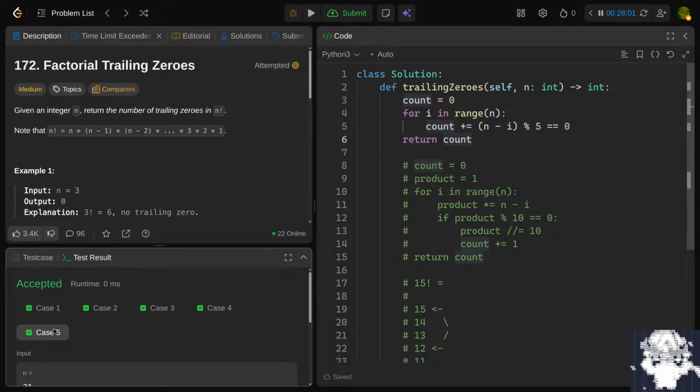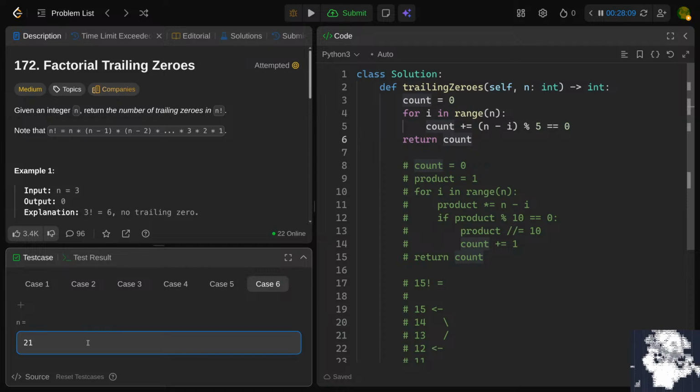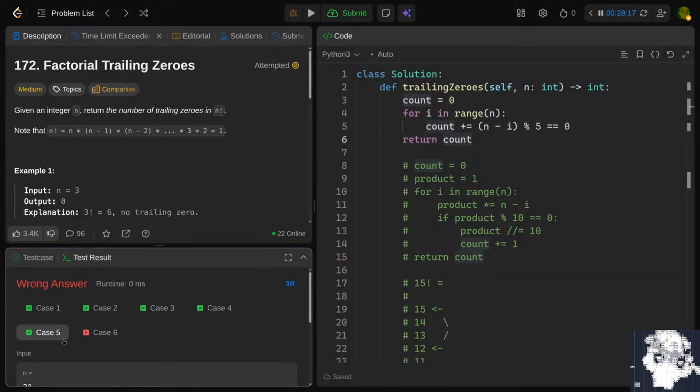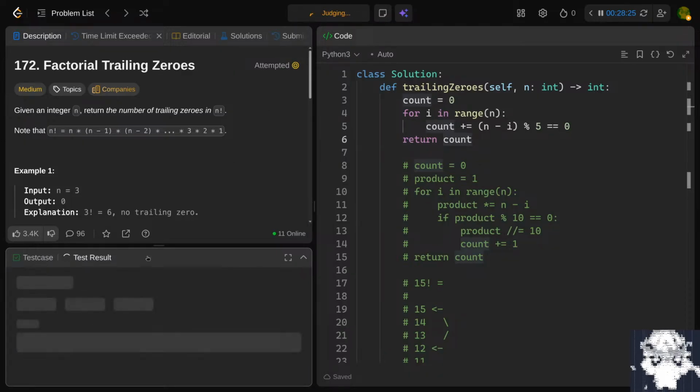Wait, why did it work that time? Oh, because I changed the existing test case. Wait, I still want a test case with a really big number. Okay, so what's some small number where it'll fail so I can actually try to trace it?